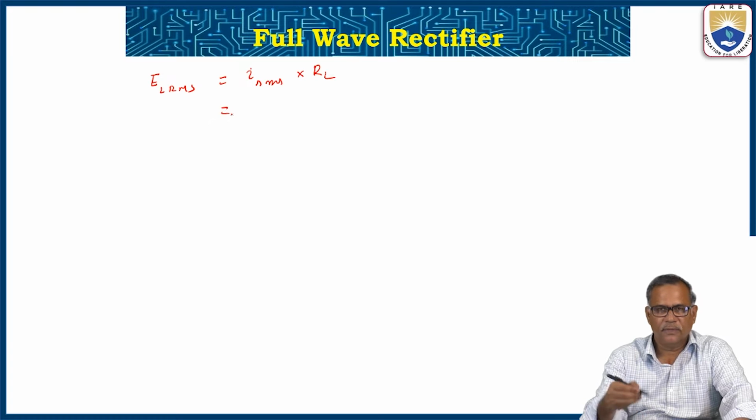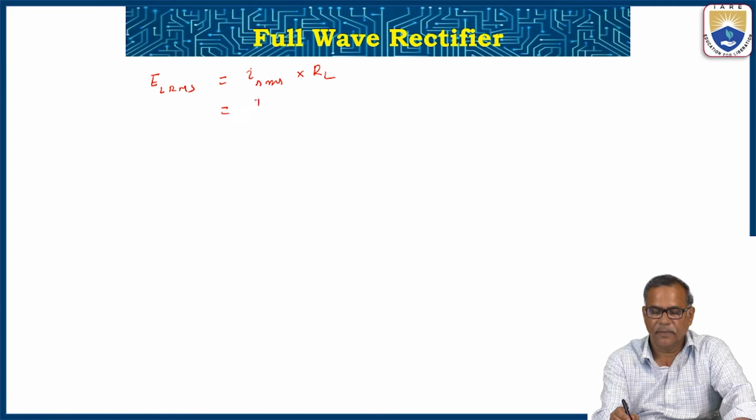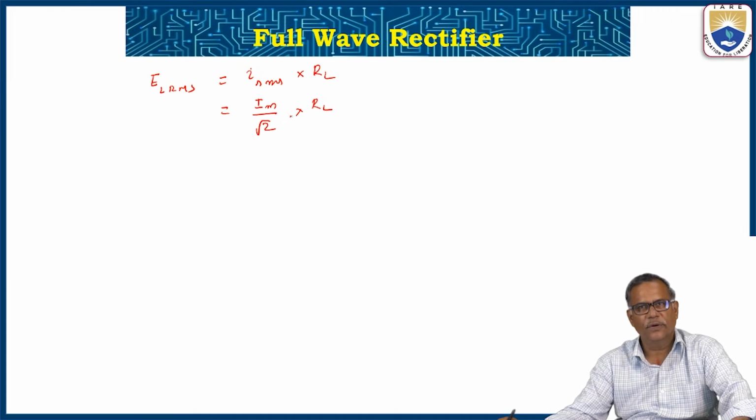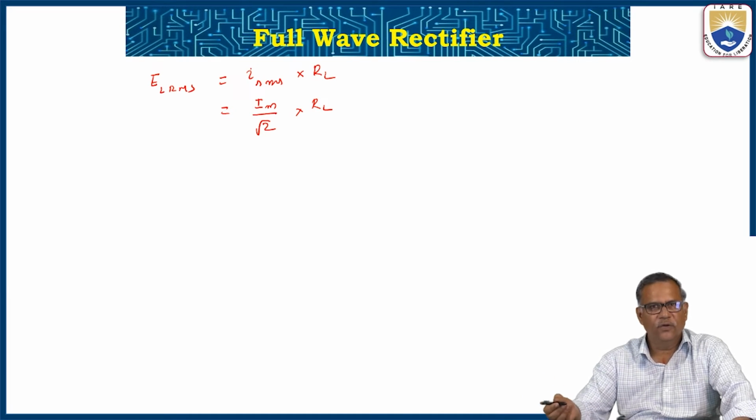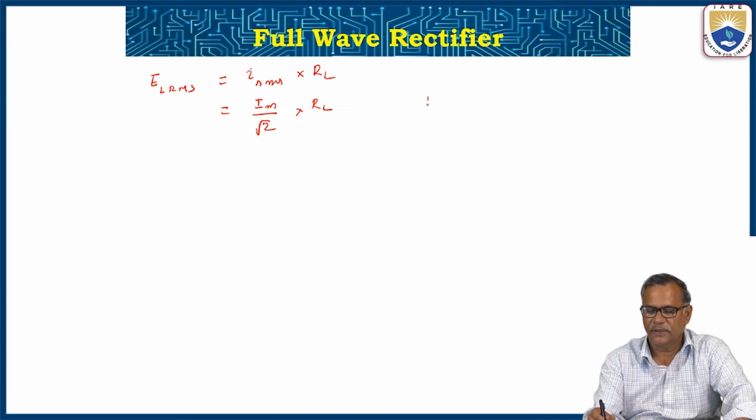And what is the RMS value? We have already calculated. It is Im by root 2 multiplied by RL. So this is the RMS value of voltage for full wave rectifier. And what is the value which we have calculated for half wave rectifier? The value for half wave rectifier is Im by 2 multiplying by RL.